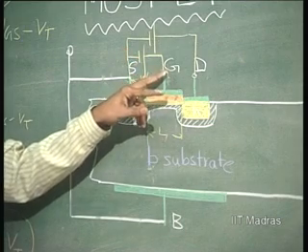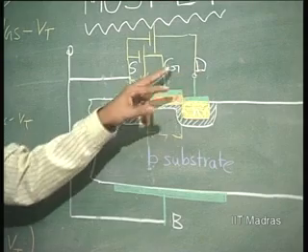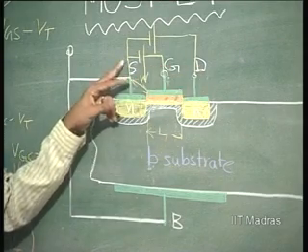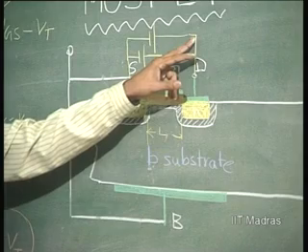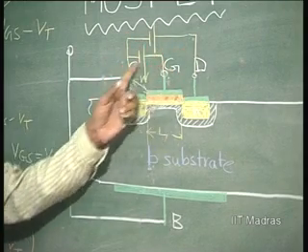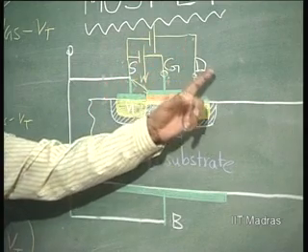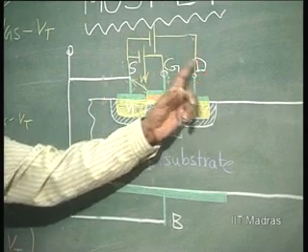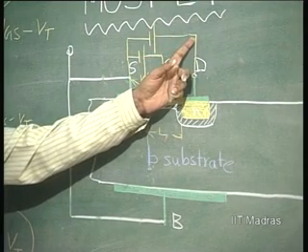Now, the voltage between G and D was the same as G and S when this was shorted. But now, I am applying a voltage; if you see from G, this is VGS, and VGS minus this voltage is what is applied to D. This is opposing this. So, what should happen to the channel width?